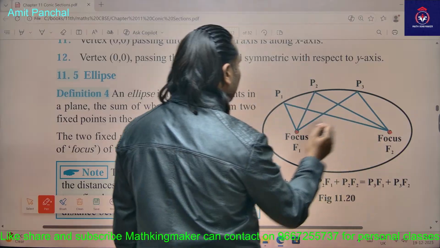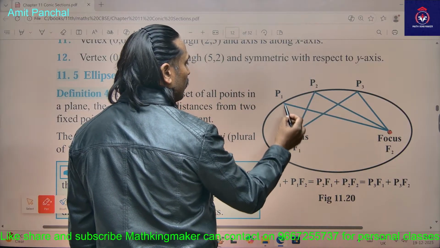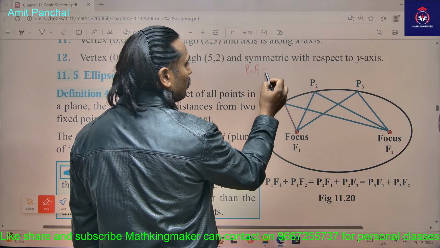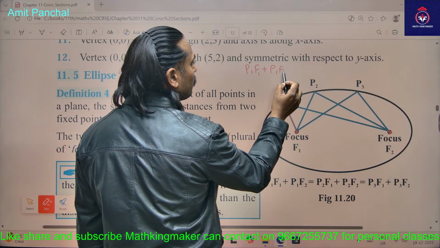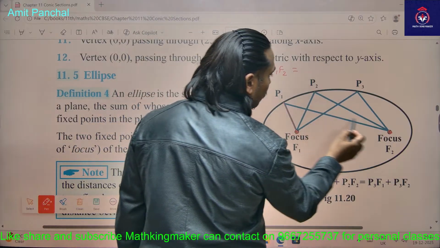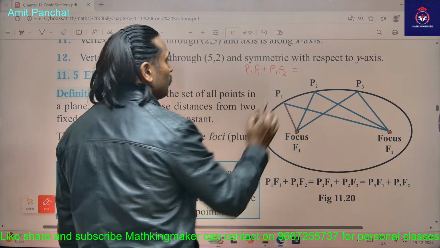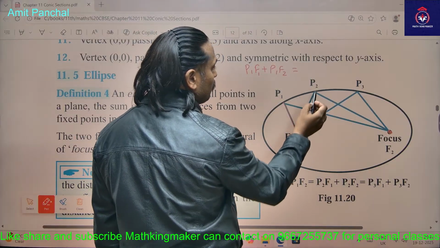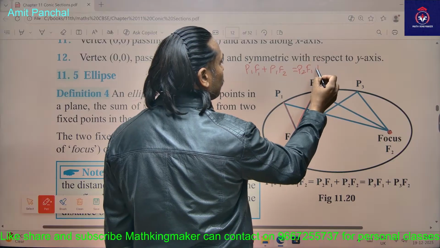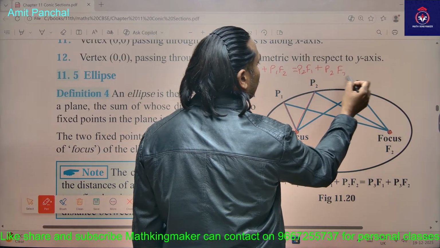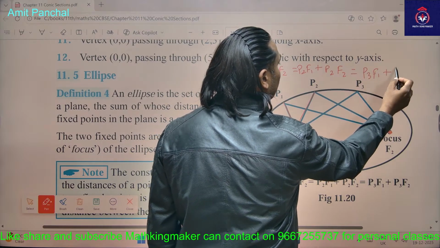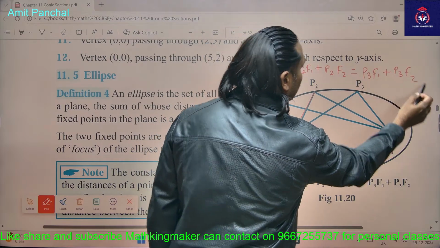So P1F1 plus P1F2 will always be equal to P2F1 plus P2F2, and that will also be equal to P3F1 plus P3F2. Got it?